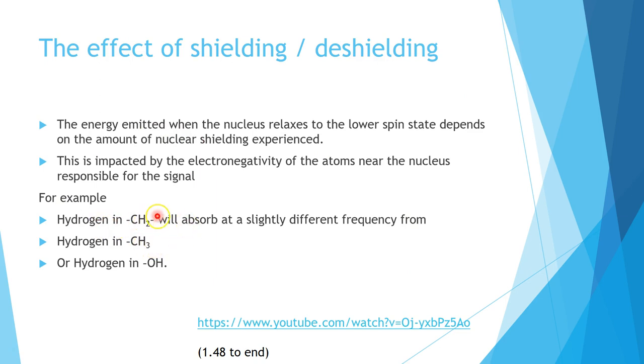A CH2 will be slightly different to a CH3 because of the connectivity. These hydrogens will have a different energy than what perhaps a CH3 will. And then again, if we add a hydrogen to an electronegative element such as oxygen, we see a big shift because the oxygen draws the electron density away, making this proton more exposed to interacting with the radio wave, so it changes the energy level that we see that occurring at.